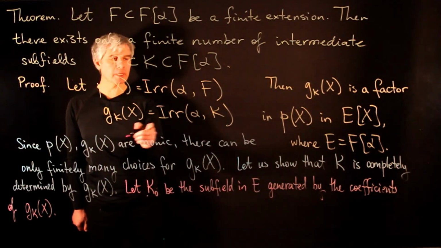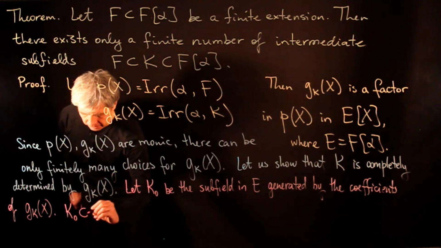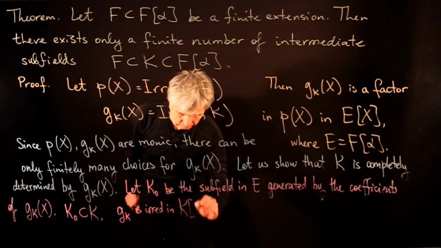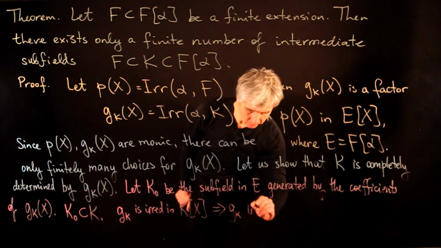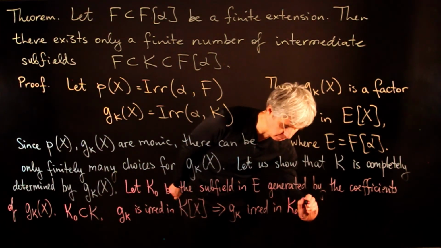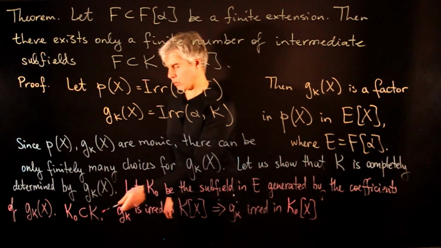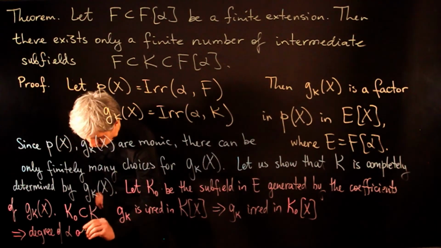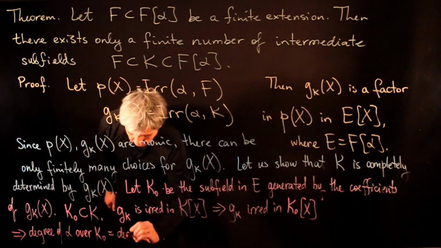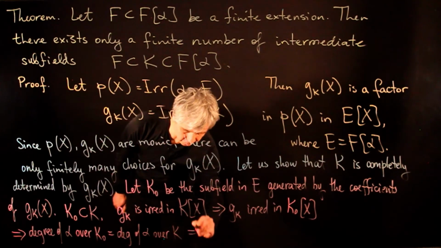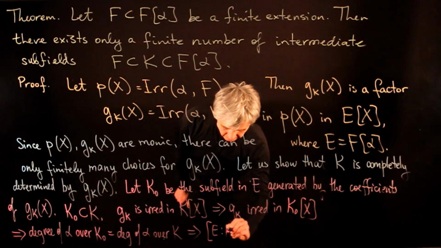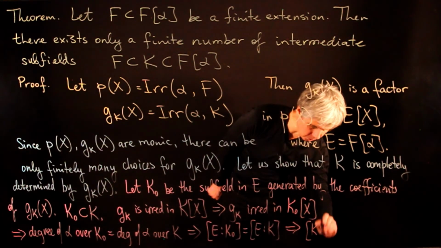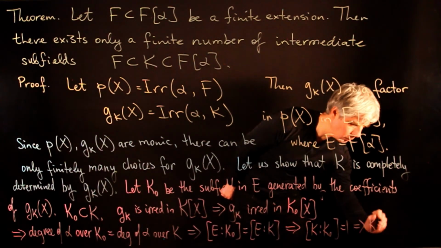Since by construction this polynomial has coefficients in K, we have that K0 is a subfield inside K. And since g_K is irreducible in K[x], it is also irreducible in K0[x], because every factorization over K0 is also a factorization over K. This tells us that the degree of alpha over K0 is equal to the degree of alpha over K. And from here, we get the degree of E over K0 is equal to the degree of E over K, which implies that the degree of K over K0 is equal to 1, and so K is equal to K0.